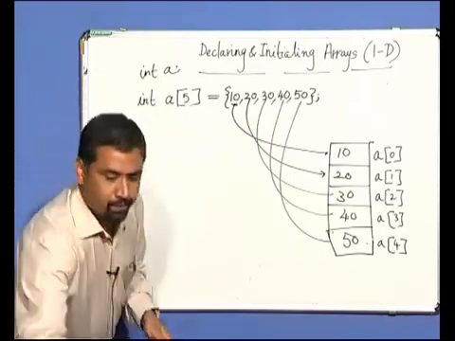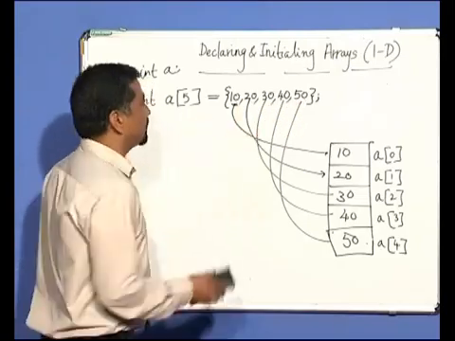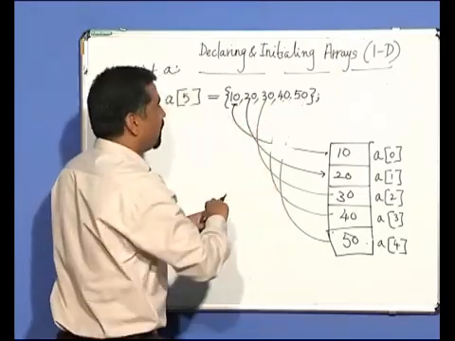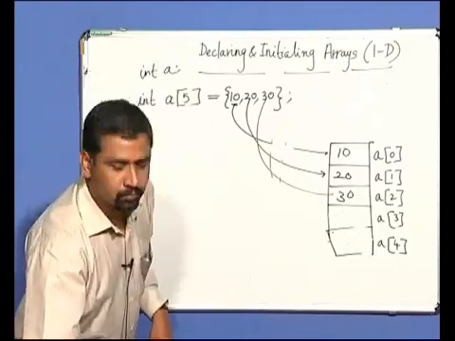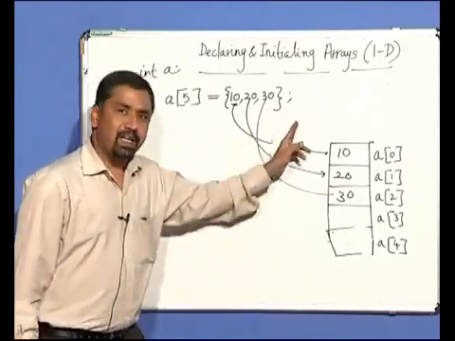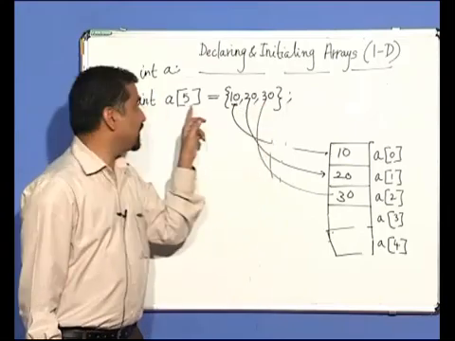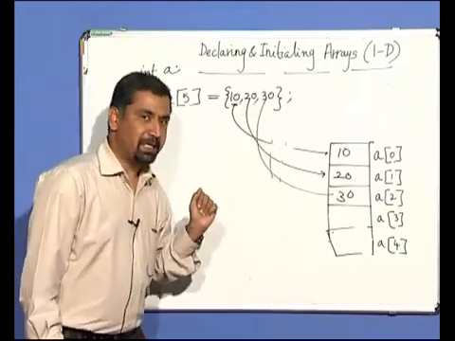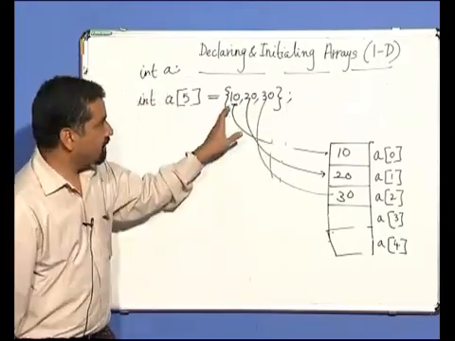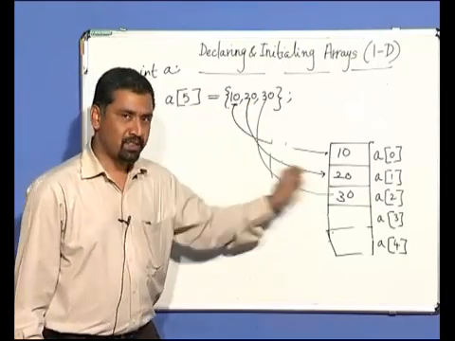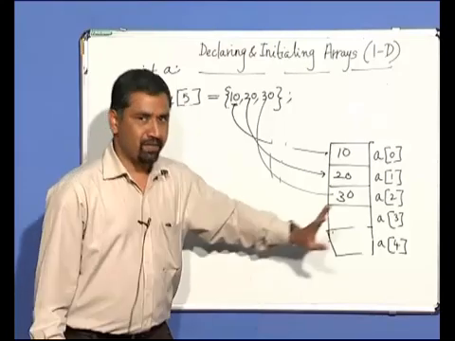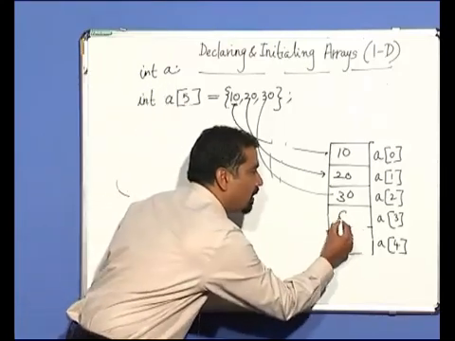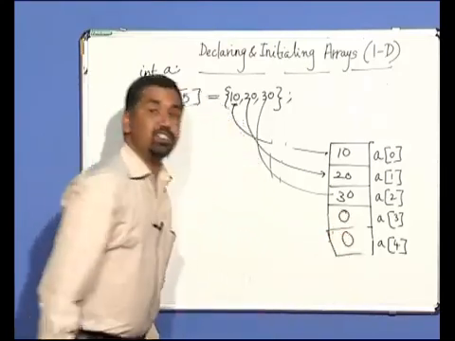Sometimes the number of values could be less than the size. For example, I have given only 3 values. The question is, what will happen when I give only 3 values, but there are 5 elements? Very simply, the values will get into the first 3 elements, but the remaining elements, for which I have not given any values, will be automatically assigned 0.